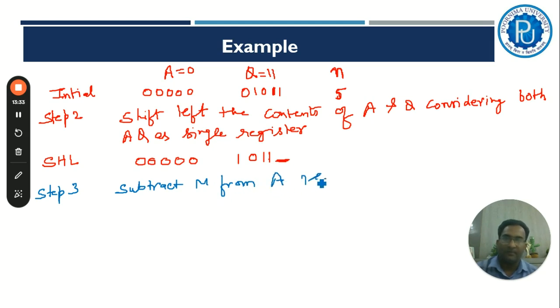That is A equals to A minus M, or A plus minus M there.